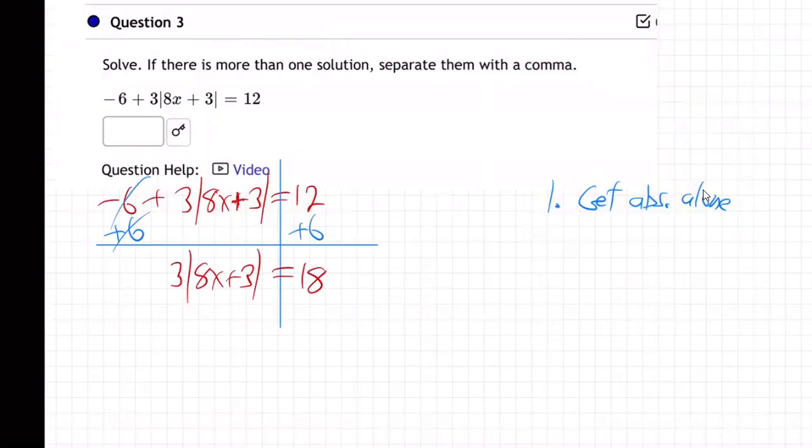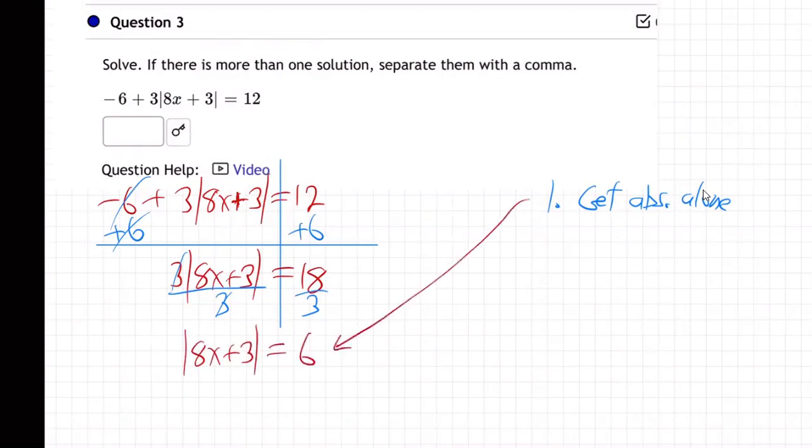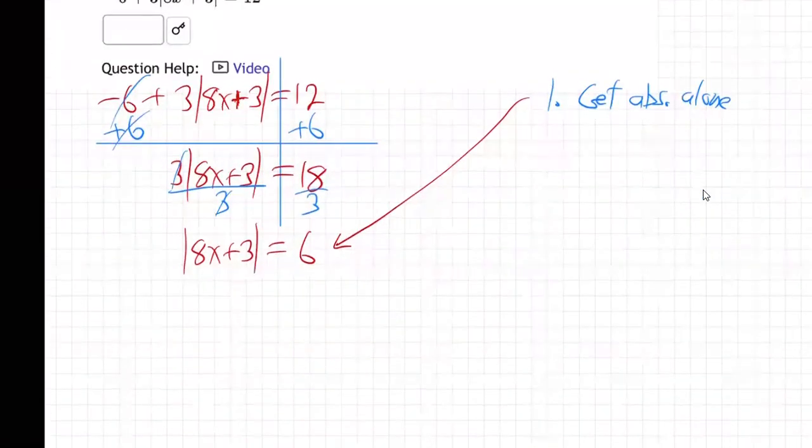And so next step to get the absolute value alone is I have to divide by 3. All right, so there it is. We got the absolute value alone. That's the first step. So you got to do all that work to get the absolute value alone.